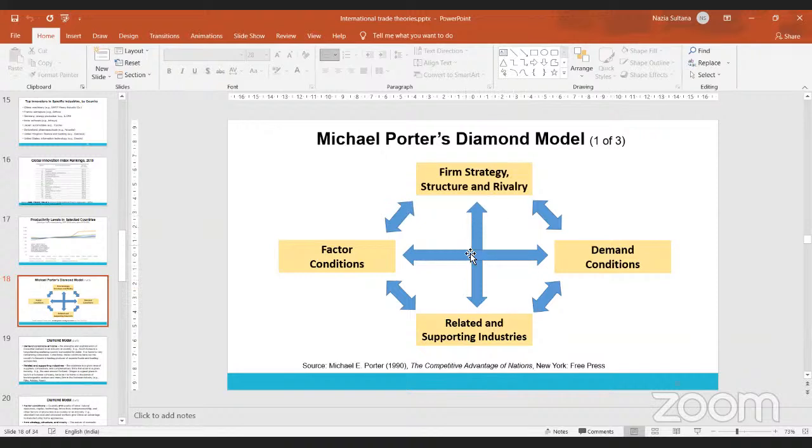In between, the block that is there is actually the competitiveness of the firm. So you have these things which are impacting the competitiveness of the firm. You call it Porter's five forces model or Michael Porter's theory of international trade. Here you have the four factors, and depending upon these factors, you have the theory which was being explained.